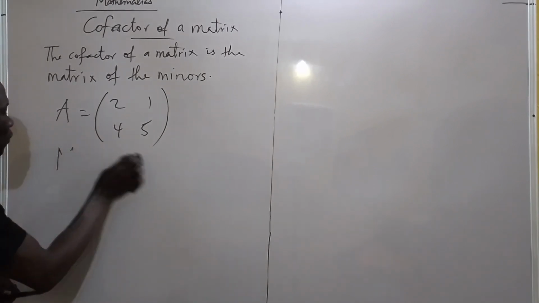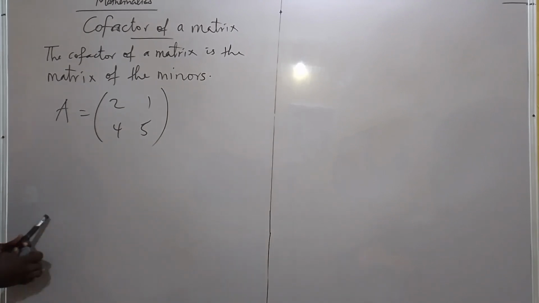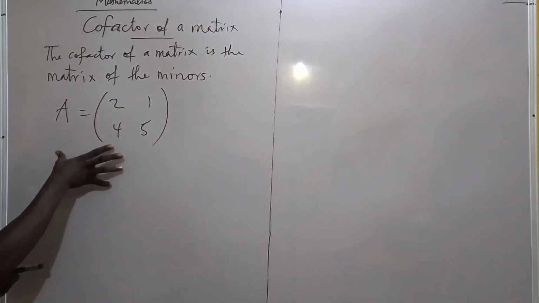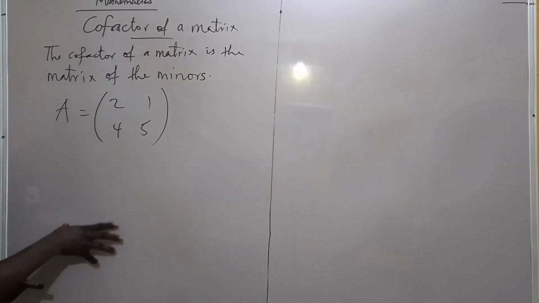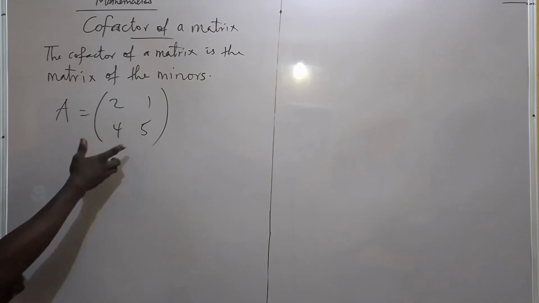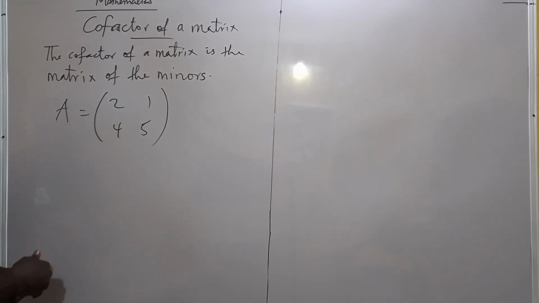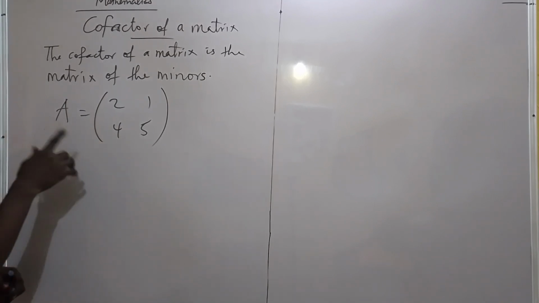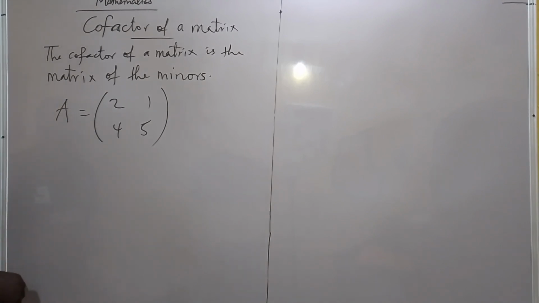In the case of the cofactor, having obtained the minor corresponding to each element of the matrix, the next thing is we form those minors into another matrix. That matrix obtained is called the cofactor of the given matrix.